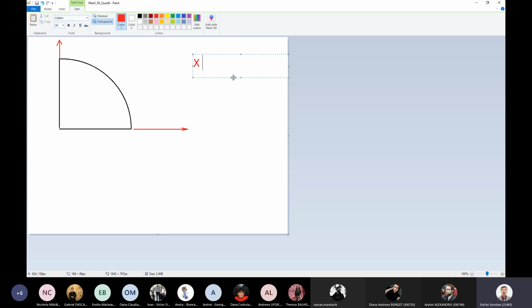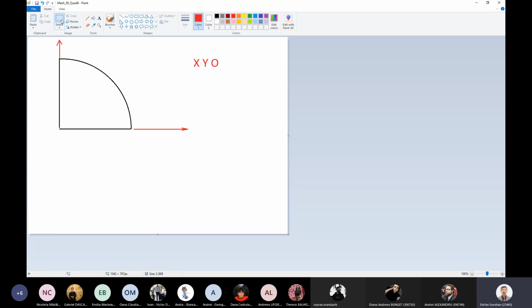X and capital Y and capital O for origin. So let's move letters. This is the origin, x-axis and y-axis. If you want, you can also use a single element, but it's not good.